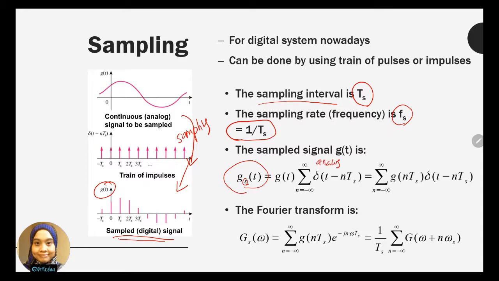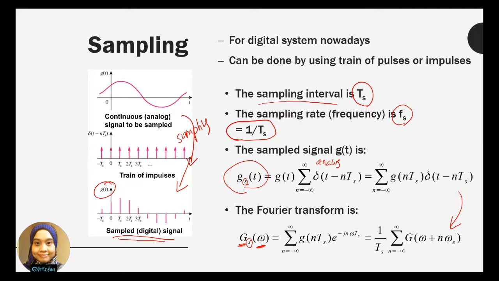You need to convert it to the frequency domain, so g(t) becomes capital G with subscript S for sampling, and t becomes omega. This is the place where you apply the Fourier transform knowledge you have learned before.